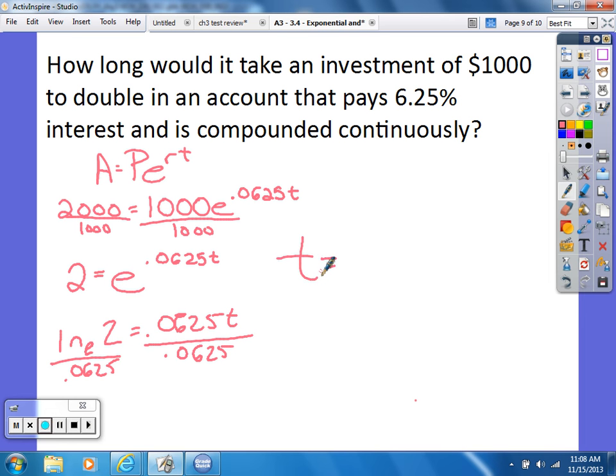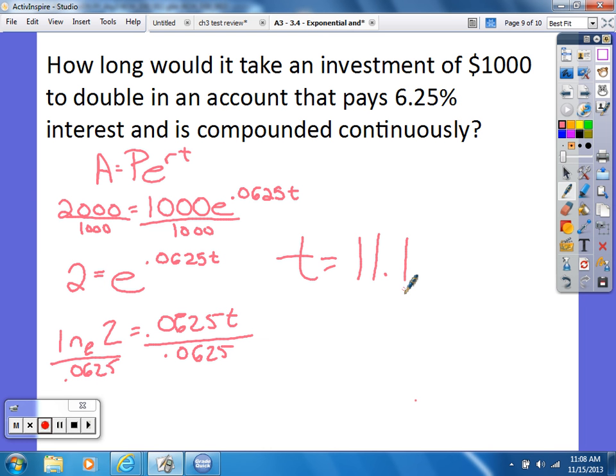How many years? 11? 11 point anything? 11.1? So it'll take me a little over 11 years to double. What'd you do? No, because I got to get that t by itself.